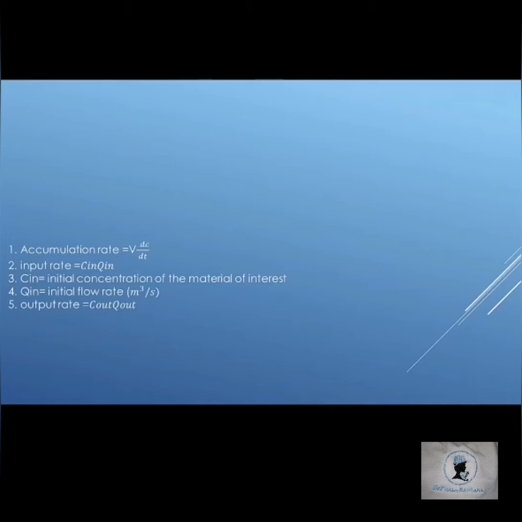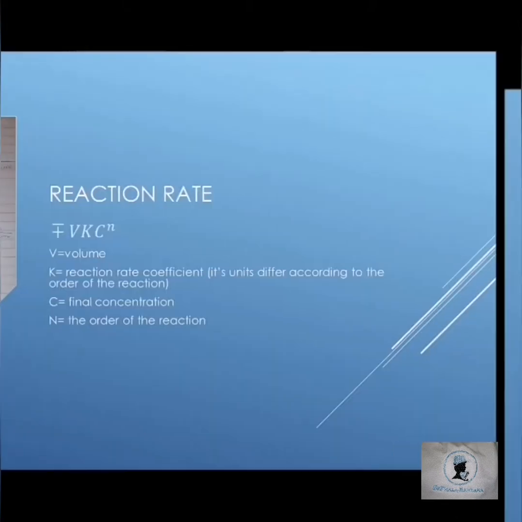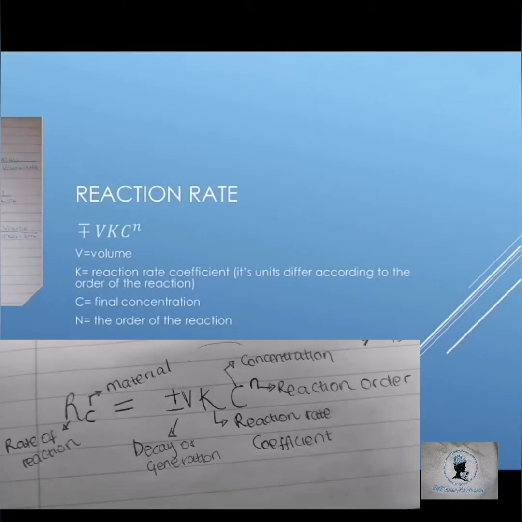You can always rename these; yours can be C1, C final, whatever, as long as you understand. And then guys, we go on to the reaction rate. Reaction rate is plus or minus V K C to the power of n.